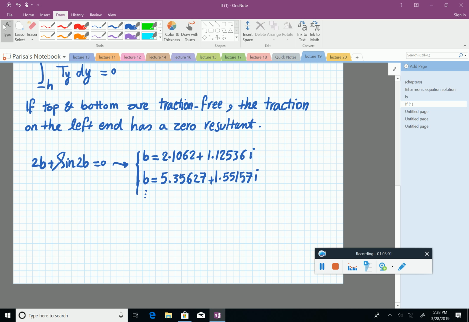So phi, the way it looks, it can be a complex value. And if you think about the biharmonic equation, the derivatives are with respect to x and y. So if you have a complex valued function, do you agree that the real and imaginary parts both have to satisfy the biharmonic equation?